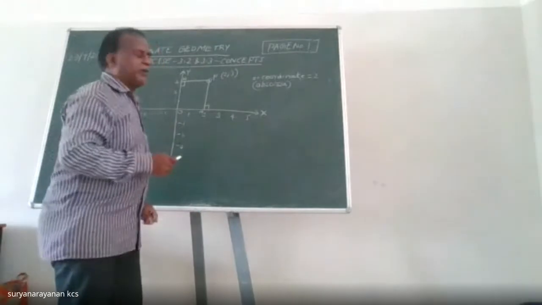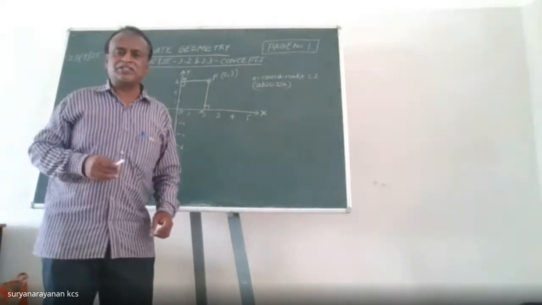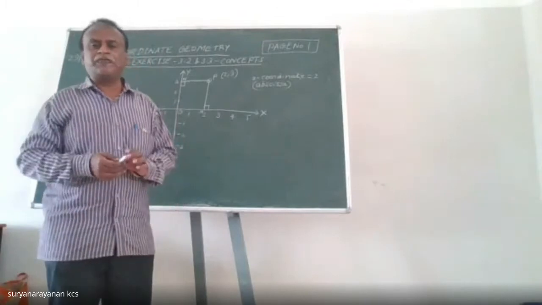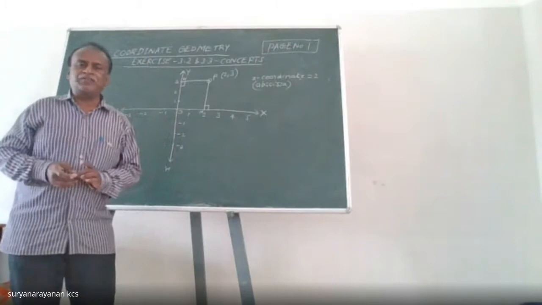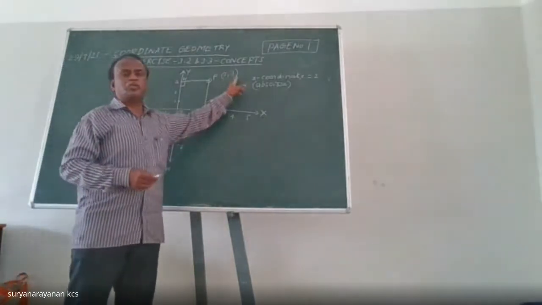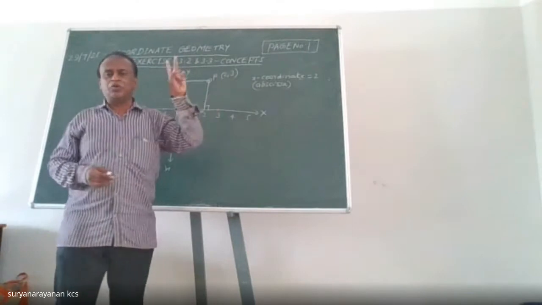Okay, remember this point. Again, I am repeating this point. Listen carefully, my children. What is the abscissa of the point P? In this ordered pair, there are two numbers.